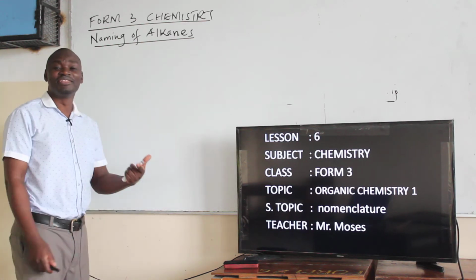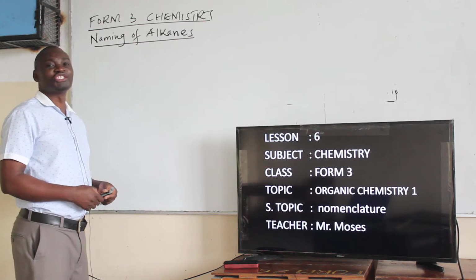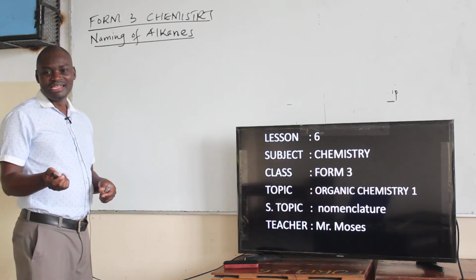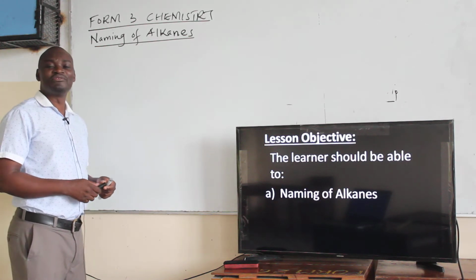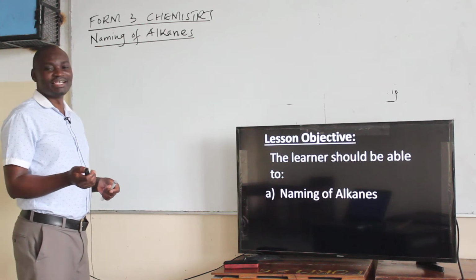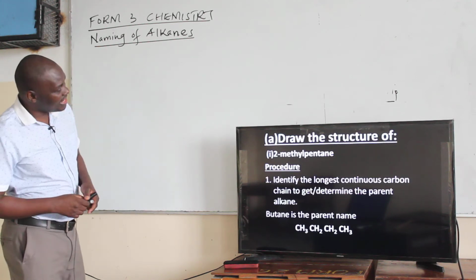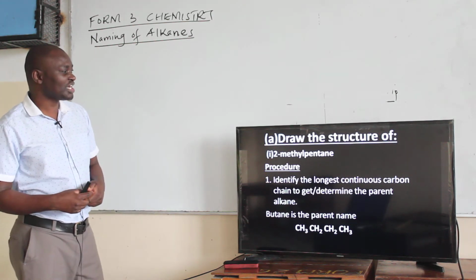So still we are dealing with naming, but deriving the structures from the names. The objective of our lesson is still the same, naming of alkanes and drawing of the structural formulae of the alkanes.